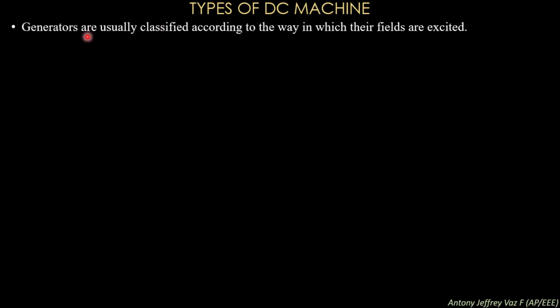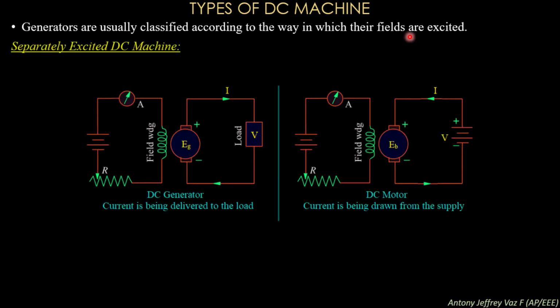Both the machines are classified according to the way in which the field is excited. First we will see the separately excited DC machine. Here you can see this is the armature of the motor and this one is the field winding. Instead of permanent magnets, we are going to use an electromagnet.